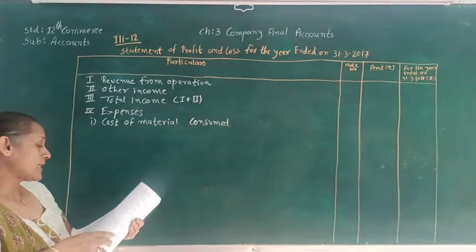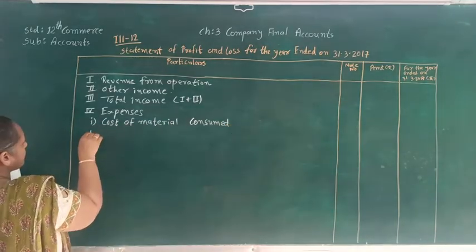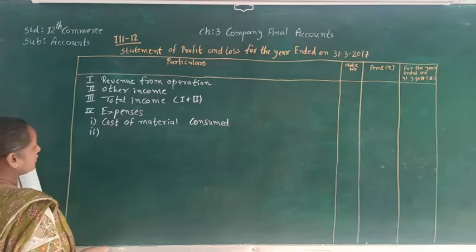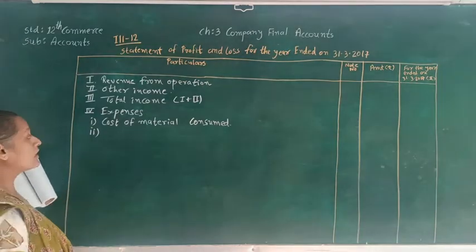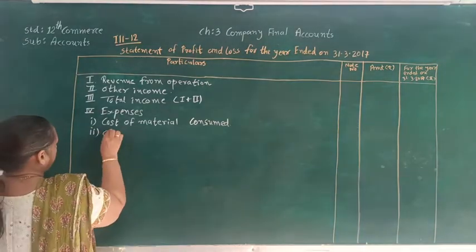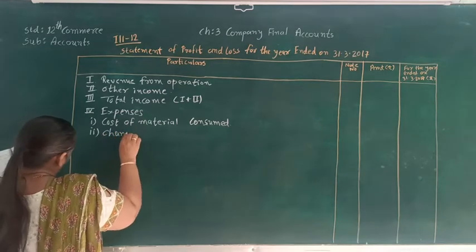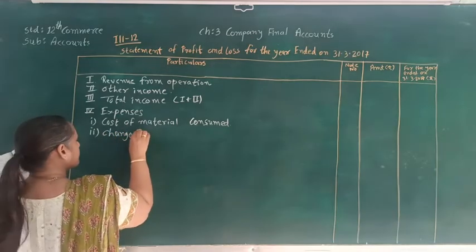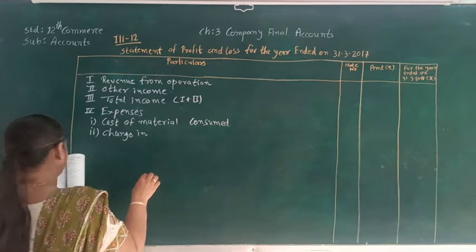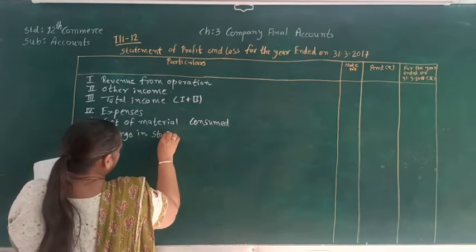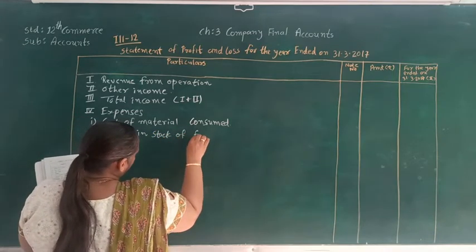The second expense is change in finished goods. So that is closing stock and opening stock. Change in stock of finished goods.